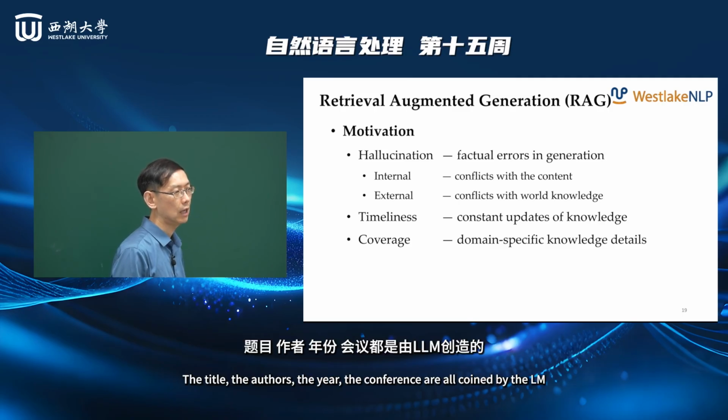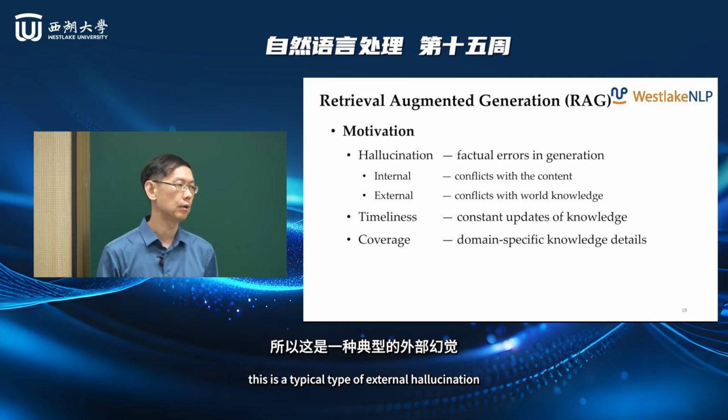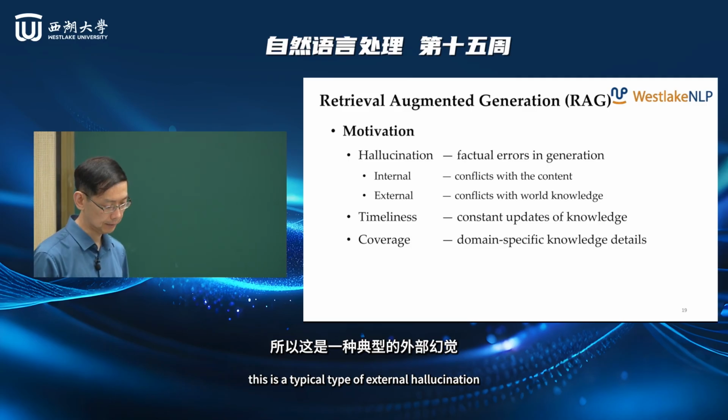The title, the authors, the year, the conference are all coined by the LLM. It looks like a paper title, but actually it doesn't exist. So this is a typical type of external hallucination.